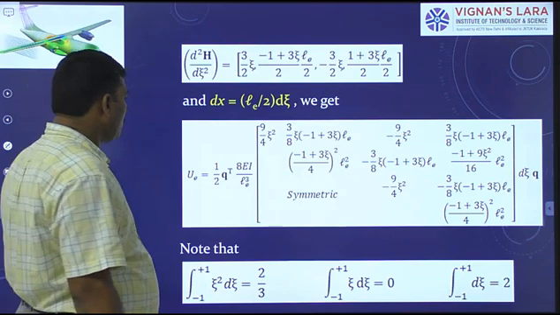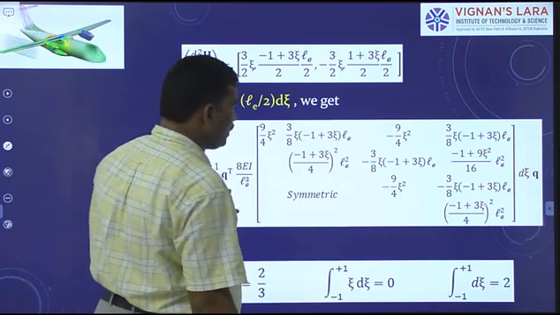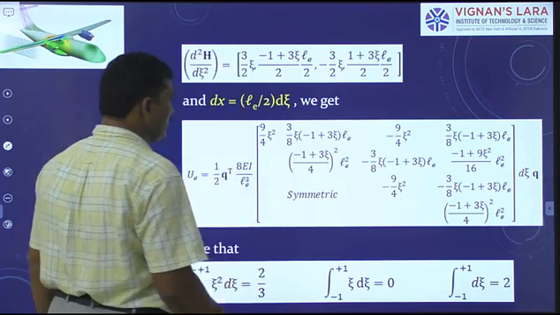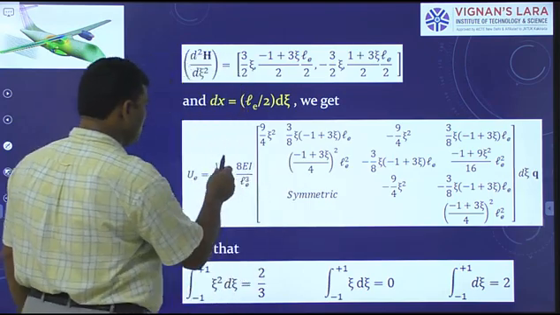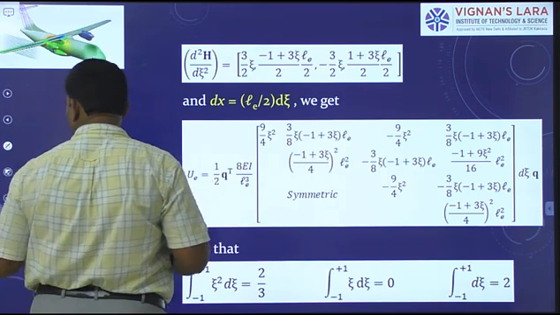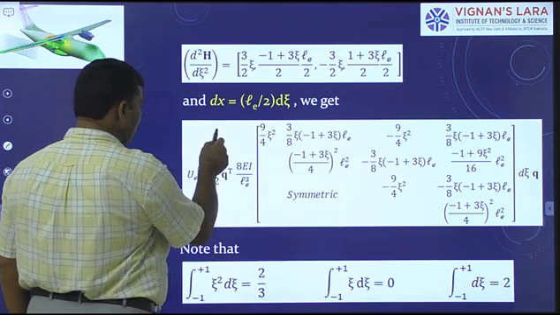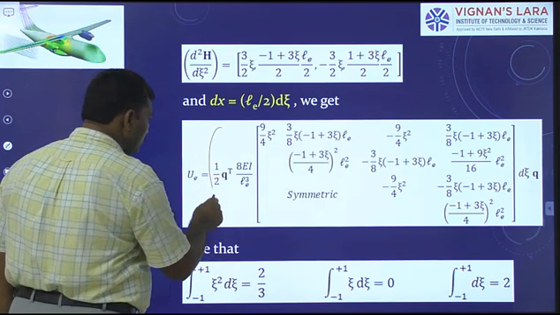Understand this. Now here, observe carefully. You have to put the integral like this; make the correction.